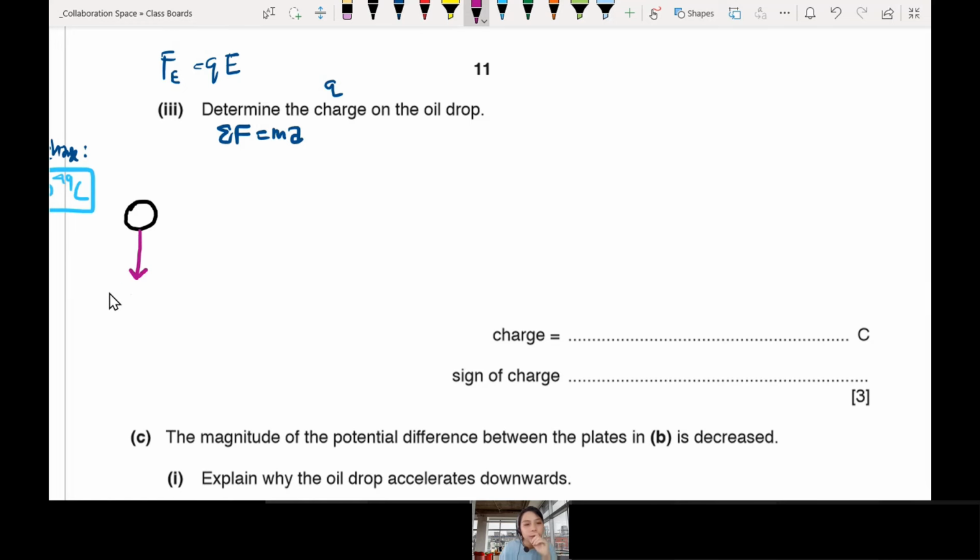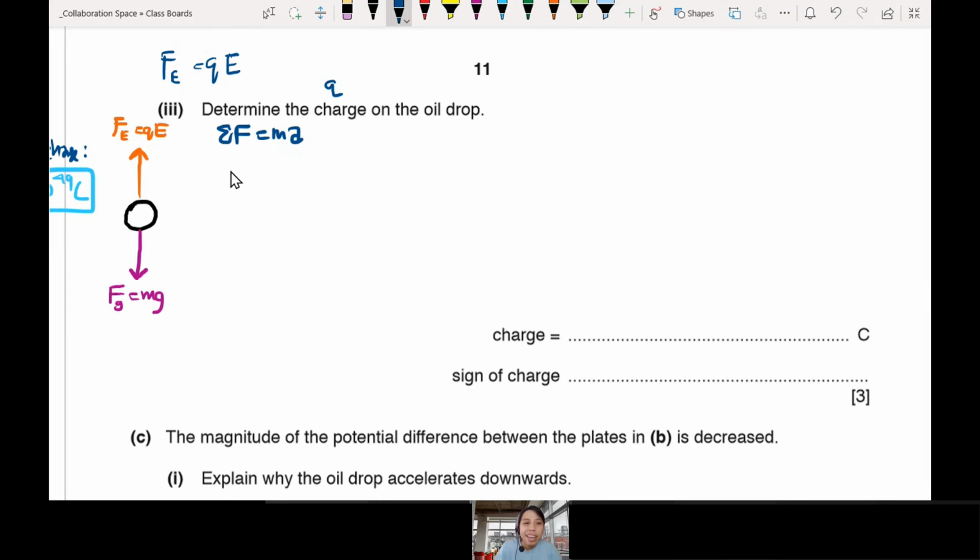This is Fg, which is mg. But there's also some force keeping it up. That is our electric force. It has to be pointing up, it cannot be pointing down. Two forces pointing down doesn't make sense. You want to keep it in equilibrium. So if you want these two forces to cancel out, they should be pointing in opposite directions.